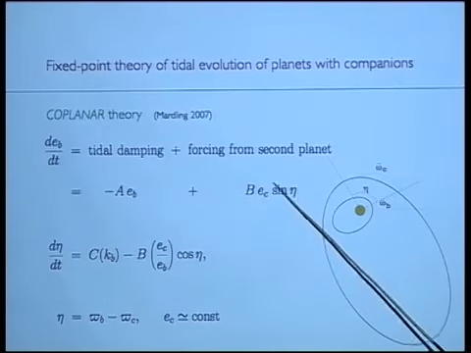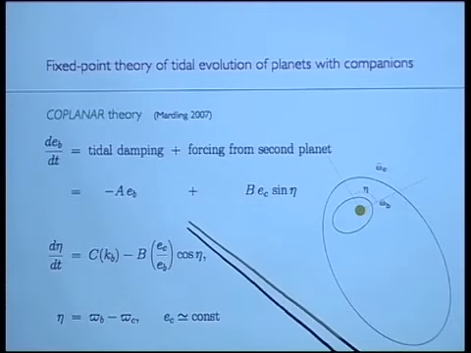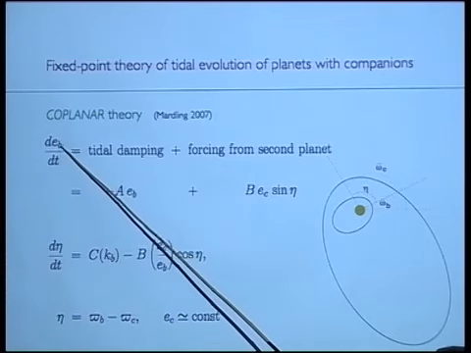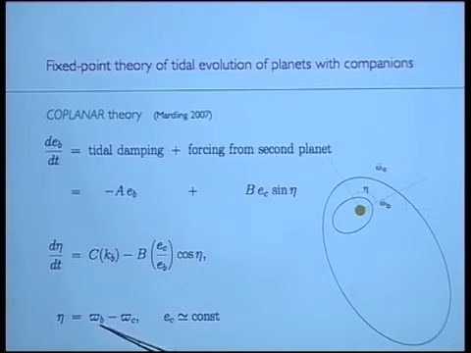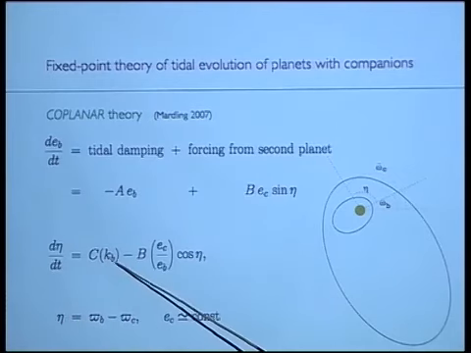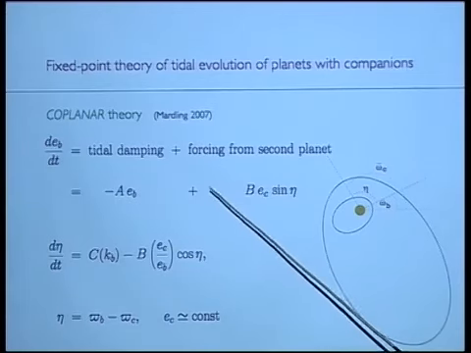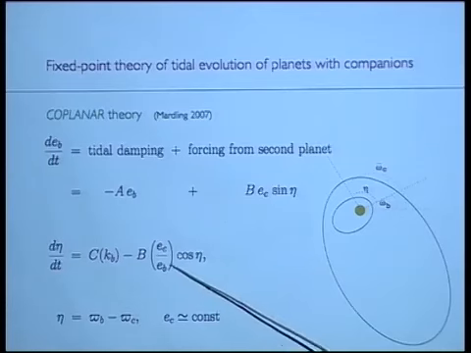But there's a continual forcing from the second planet, and the two variables that are important here in this coplanar theory are the eccentricity of the inner planet and the angle between the apsidal lines. And so here's the rate of change of this thing I'll call eta, and we see this is a second order, non-linear, autonomous system of ordinary differential equations.